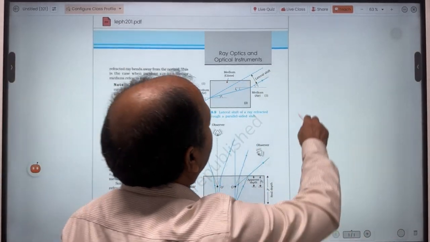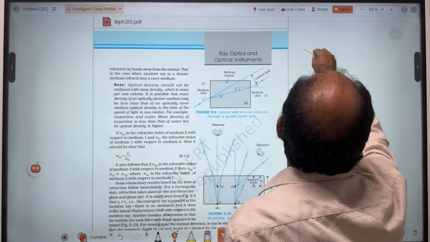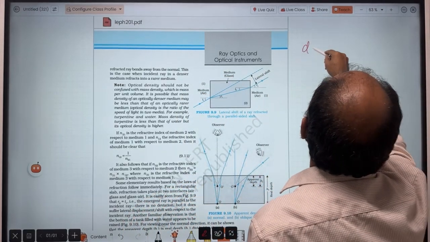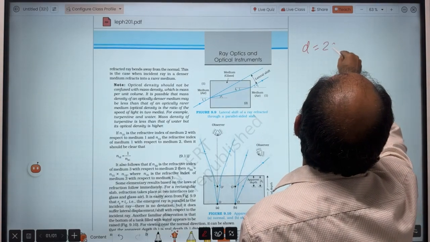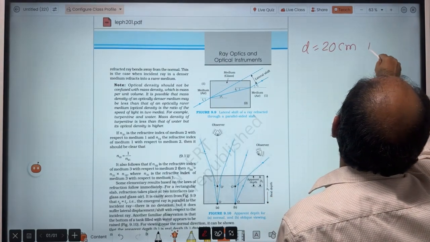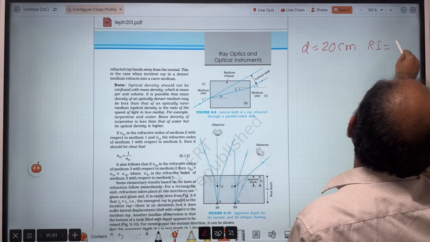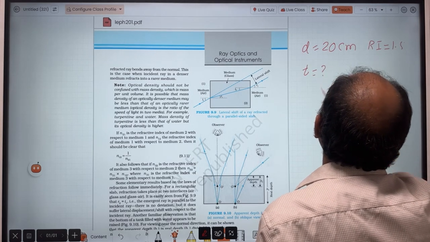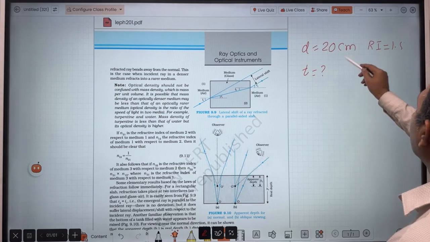We can take an example. Suppose you are given the actual depth d equal to 20 centimeters, and the refractive index is given as 1.5, and the apparent depth t is to be found.